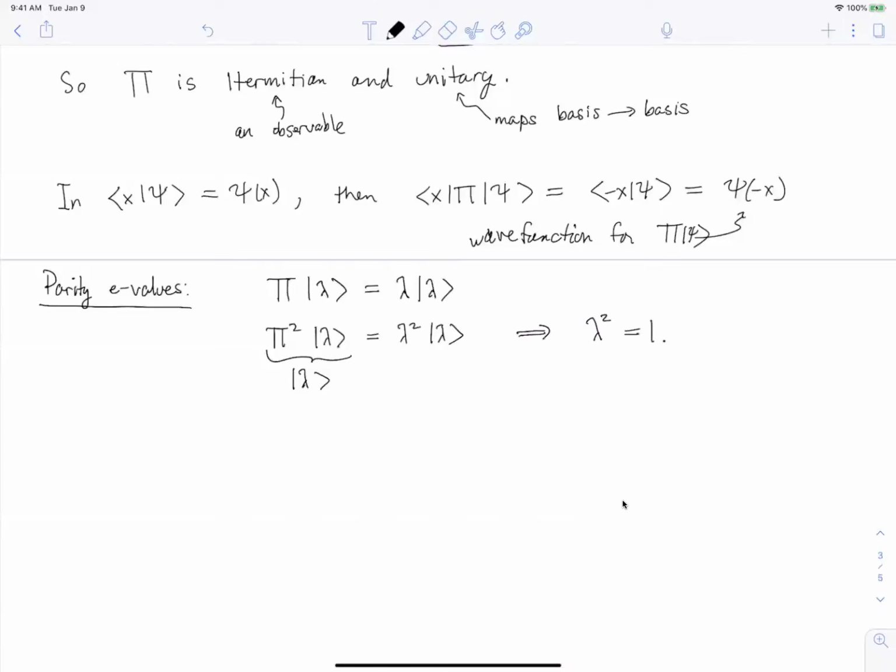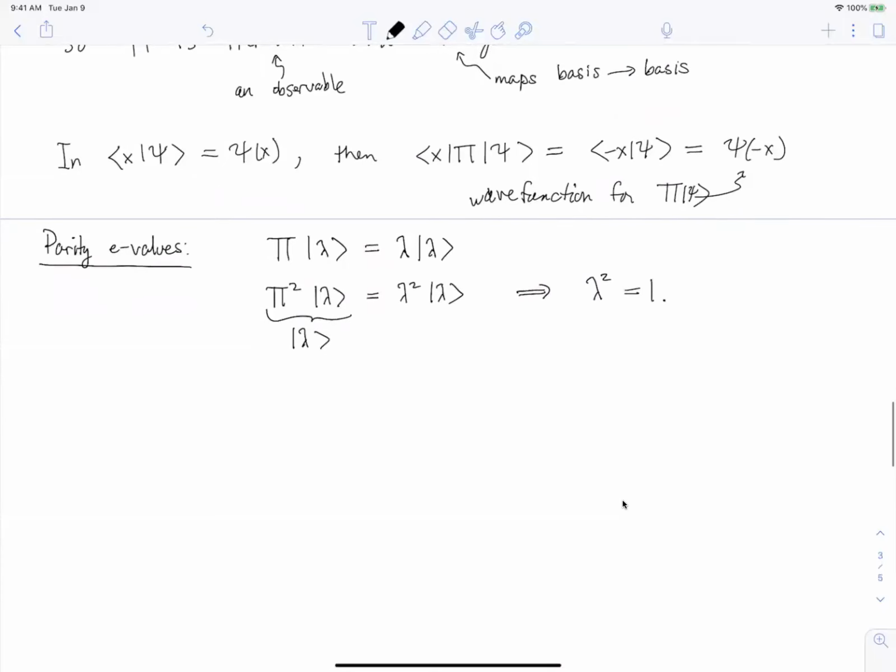Now notice that it's lambda squared. It's not the magnitude of lambda squared. And so there are two solutions. Namely, lambda can be plus 1. And that would tell us, from what we just found about the wave functions, that psi of x is equal to psi of minus x, which means it's an even wave function. Even under x goes to minus x.